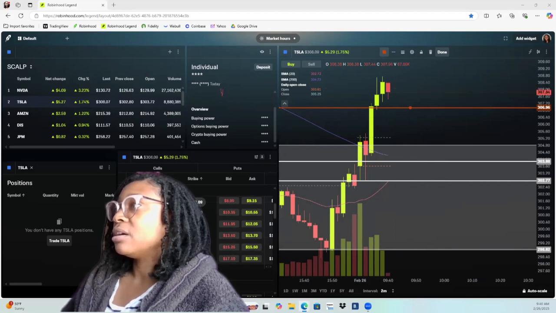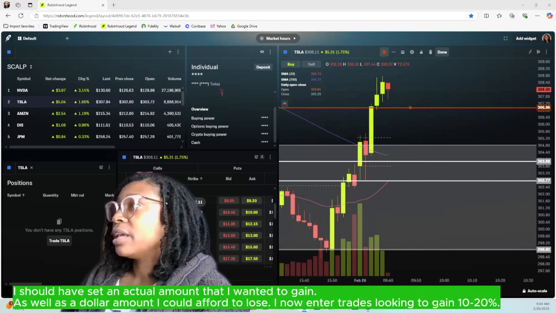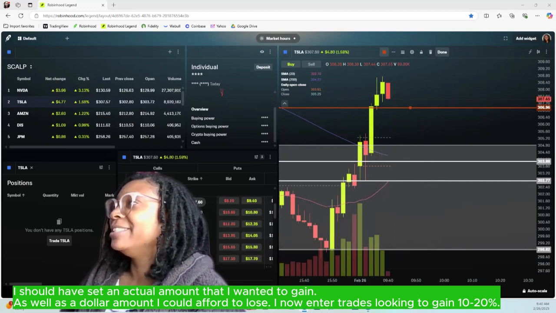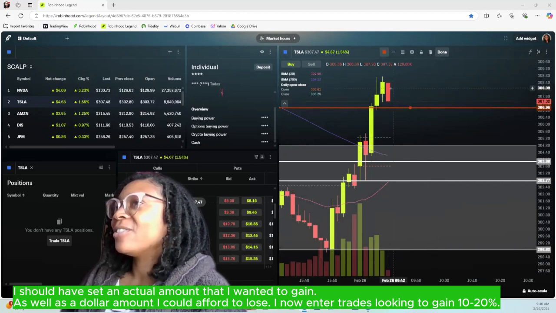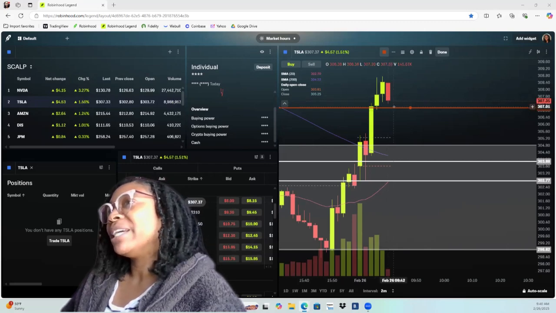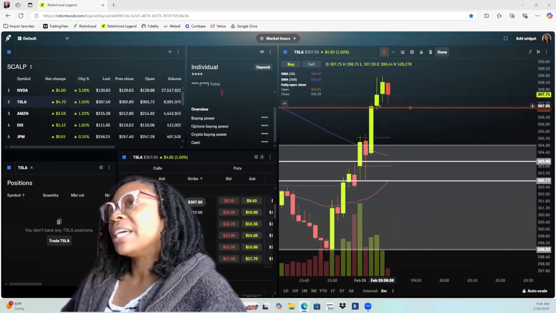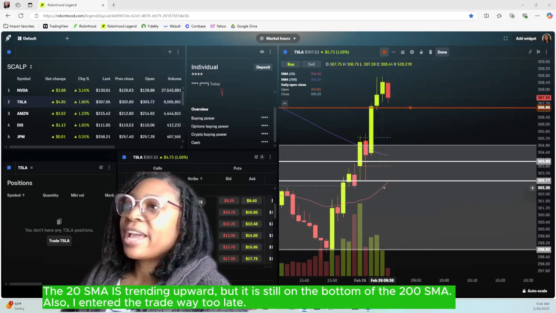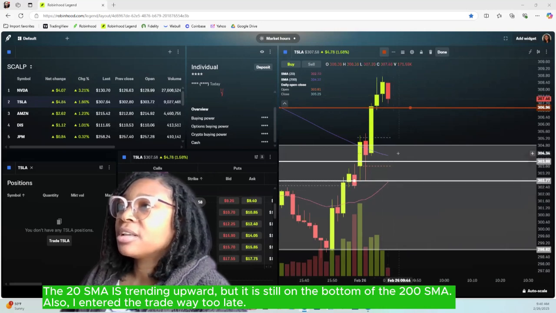See, it came back down a little and already it's saying that I'm at a -1. So all those gains are gone. And you see how it's kind of dancing towards my line, but I'm not going to be afraid because the 20 period moving average is trending upwards.